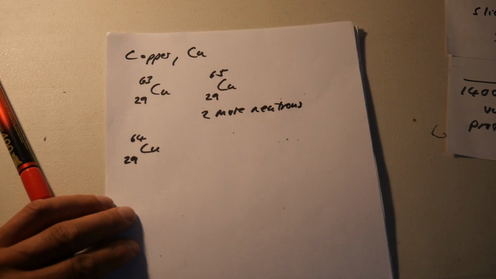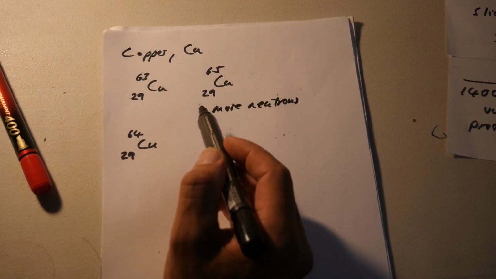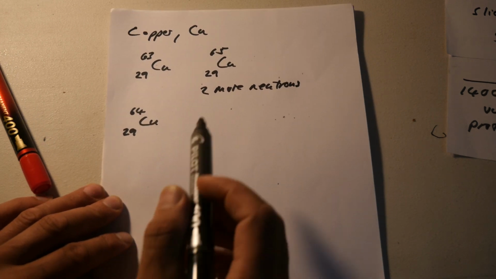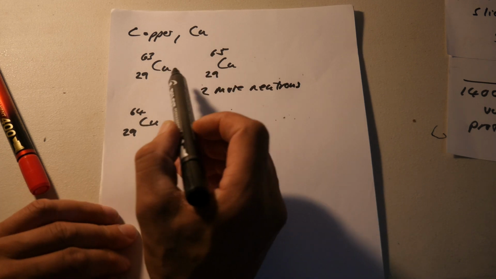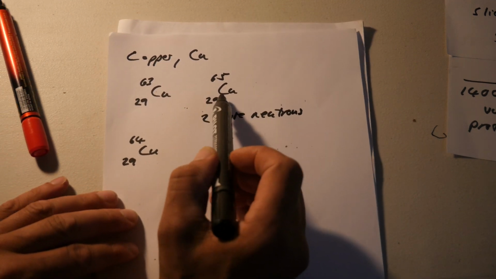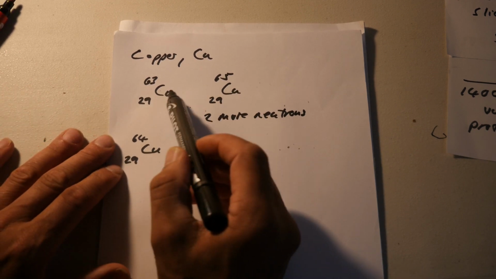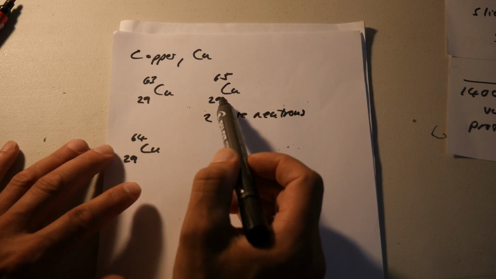Okay, so there's 2 isotopes of copper. So this is the definition of an isotope. When you get elements existing where you get the same element but they're 2 different masses, it's because one of them has got more neutrons.